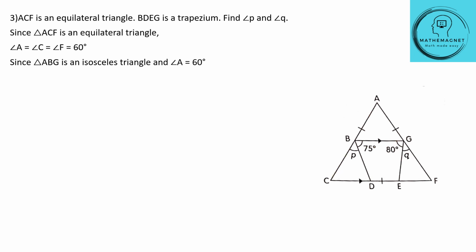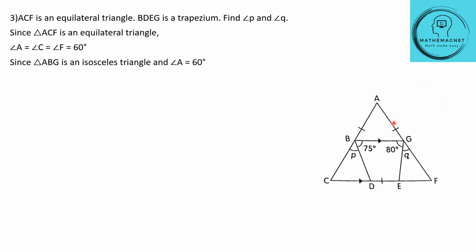Here now we'll take this smaller triangle ABG. Now we know these two sides will be equal. So that means this is an isosceles triangle, and we already found out angle A is 60 degrees from the earlier statements of ACF being an equilateral triangle. So this angle is 60 degrees and we know these two sides are equal.